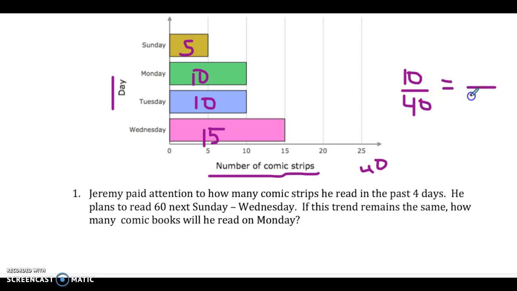So he wants to read 60 total. So now I set up a new proportion. And again, they're telling us that the trend is going to continue. So we can solve for x here using proportions, and you should get x is 15. So if he continues to read next Monday, he will read 15 instead of 10 because he's upping his game. So hope this helps. See you in video 3.